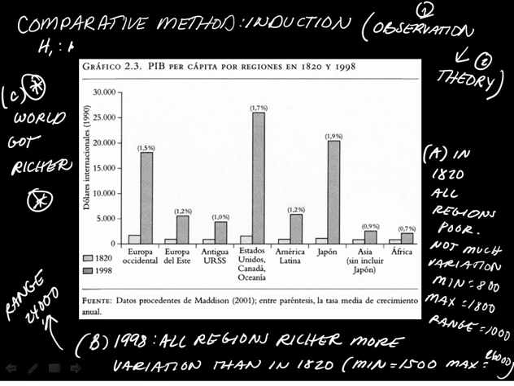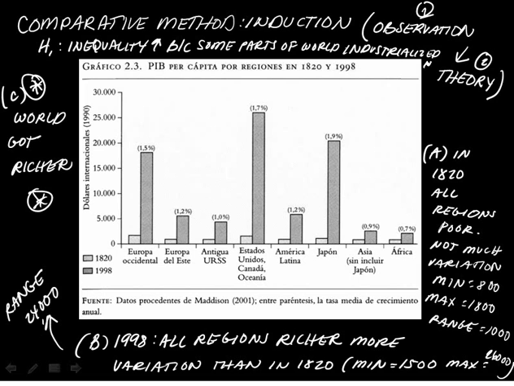Hypothesis: inequality increased because some parts of the world industrialized first. So that is what my hypothesis is going to be, given what I observe and given what I have determined I think is interesting about this chart that we see before us.